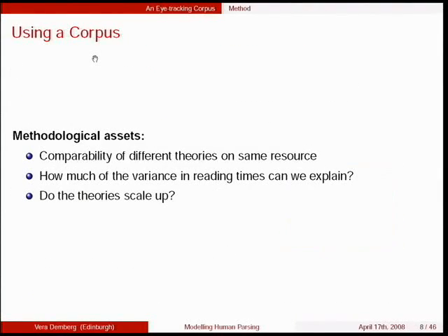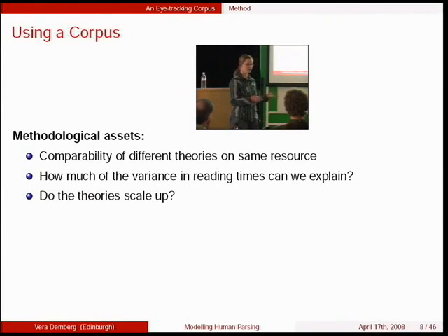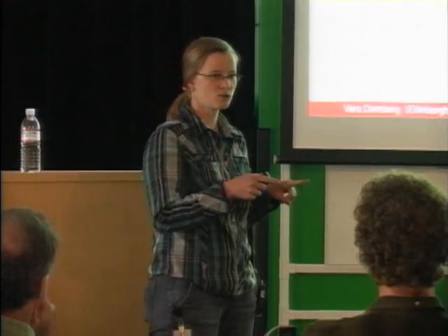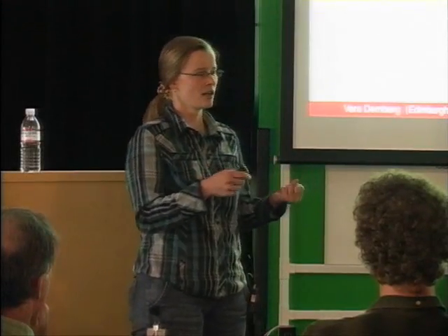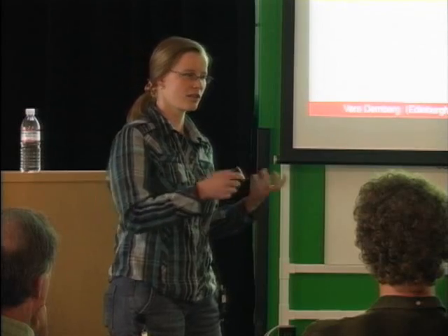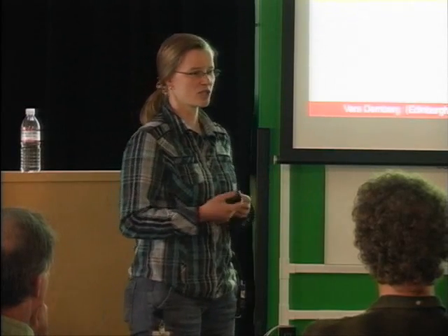So another point, methodologically, an advantage of the corpus is we can just use this one resource and use several theories, all evaluate them on this one corpus resource, and then see how they perform on this data. Also, we can find out how much of the variance in reading times we can explain. And this is interesting because with the experimental paradigm, you usually only compare two conditions, and you see that reading is a bit slower in one than the other condition, but you don't really know how much of the variance you're explaining.